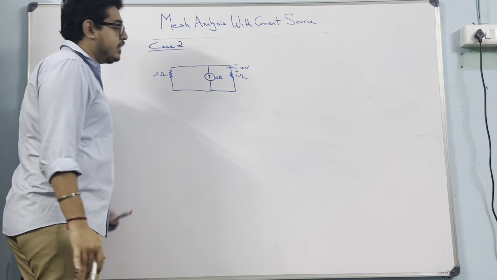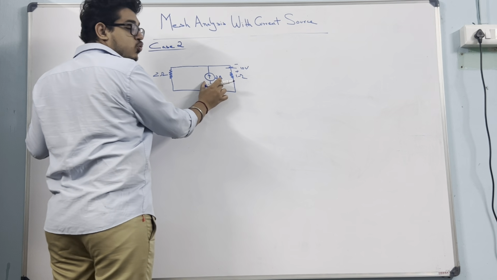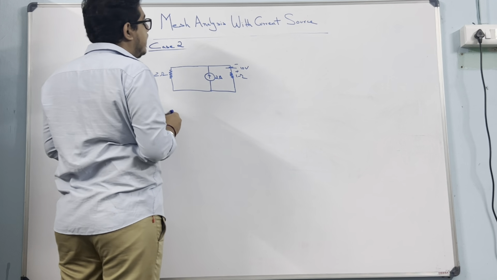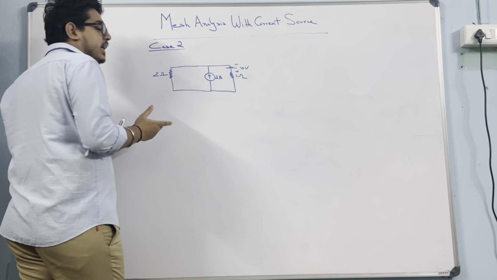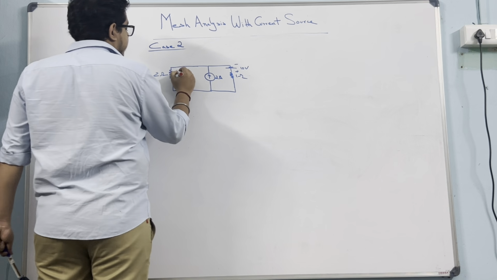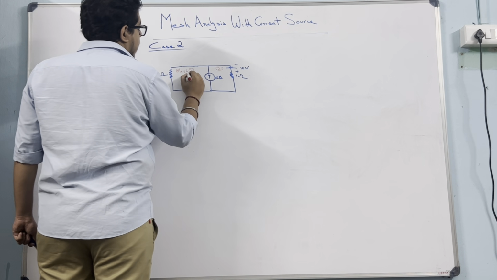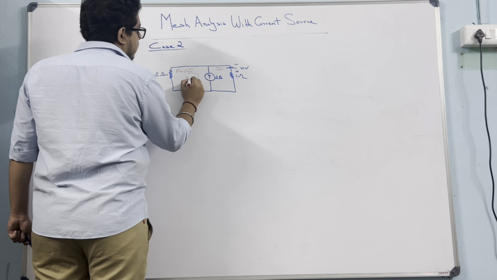So now in this case too, it's very difficult to write any KVL equation in either of the meshes. In mesh 1 and in mesh 2, the current flowing is, suppose, I1 and I2.